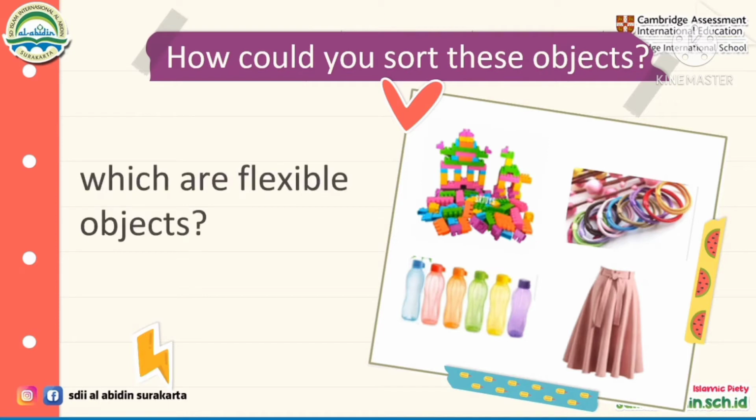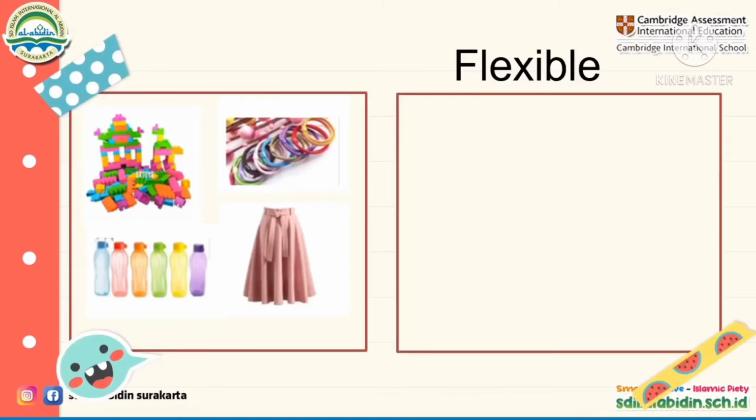So now you can see which are flexible objects. Here you can see which one is a flexible object between these four things. So we can sort into the group now. On the left side, the example: the Lego, rubber band, bottles, and then the dress.